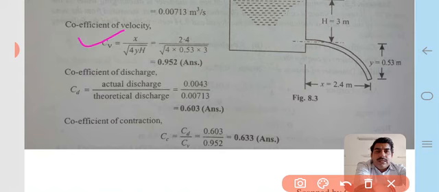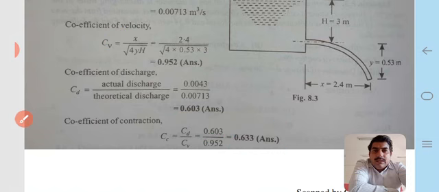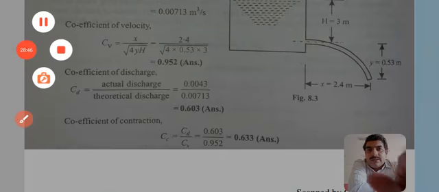Coefficient of discharge CD is equal to actual discharge upon theoretical discharge, and the coefficient of discharge is calculated as 0.603, and therefore coefficient of contraction is equal to CD upon CV, and it can be calculated, and the value obtained is 0.633. This is the coefficient of contraction.